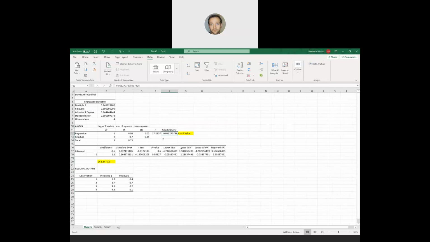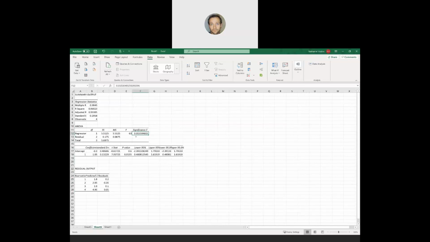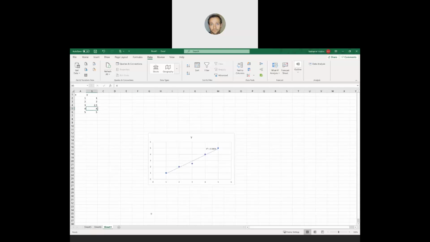So by just moving that one point, we went from 0.05 to 0.01, excuse me. So that is to say that this is strongly statistically significant. There's a statistically significant relationship between x and y. Or there's a statistically significant linear relationship between the two of them.